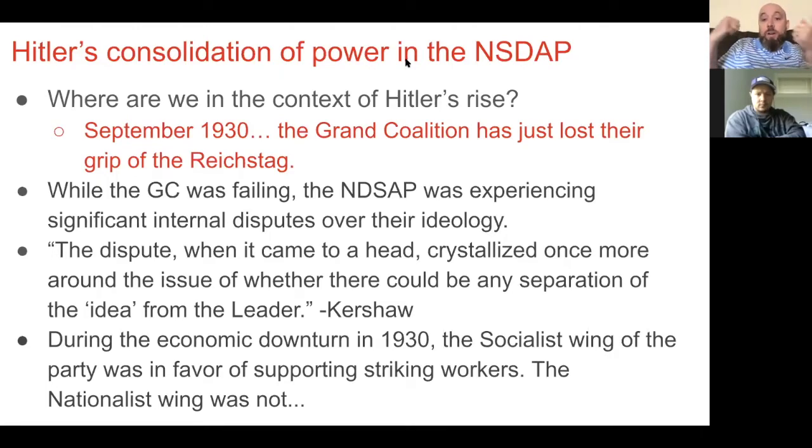And this is where a clash happens in the NSDAP. Hitler was not in favor of supporting striking workers. Hitler knew that to be a successful political party, they were going to have to be united with big business. And that was not something that Hitler or the NSDAP had been successful in doing up through September 1930. And so there was a pretty big fight in the NSDAP.